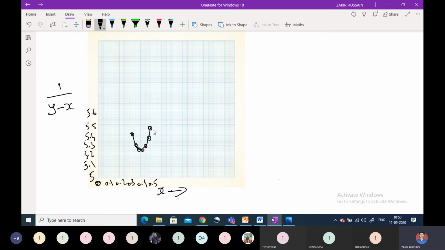This curve is called the 1 by (y minus x) versus x curve. We need to evaluate the area under the curve.